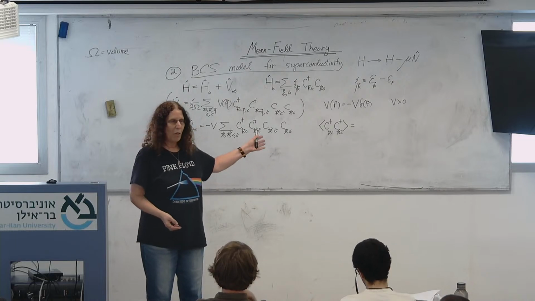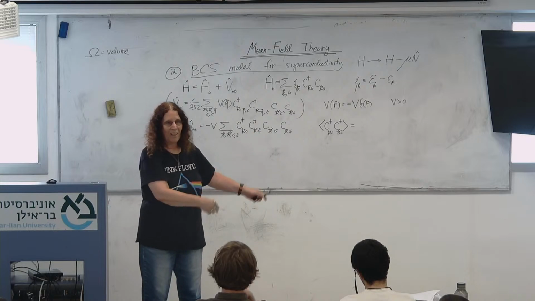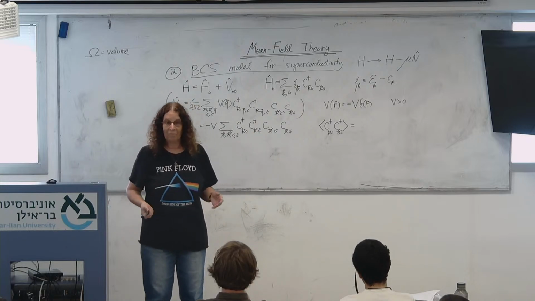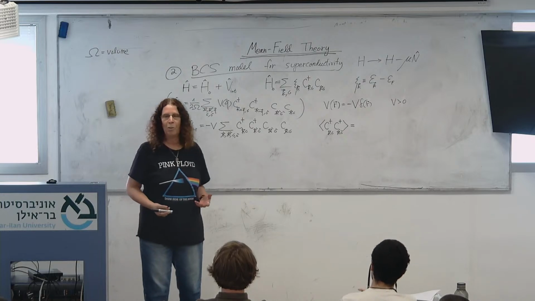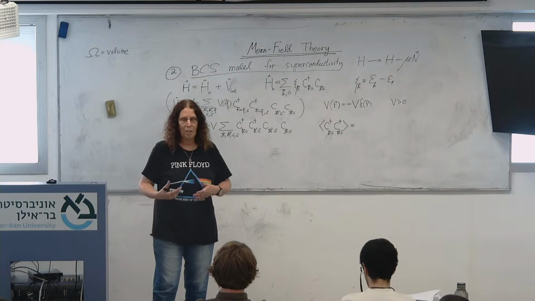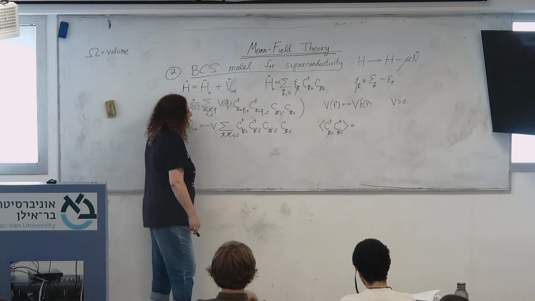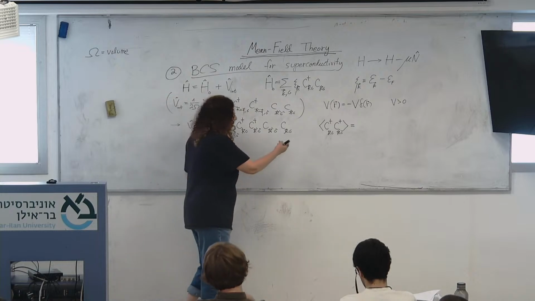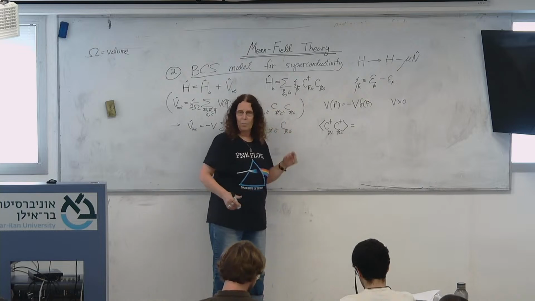Okay, so when BCS did this, they didn't start from the way I'm teaching you. They started from other things. They also started from experimental motivation, that there was some phenomenon that they wanted to explain. But it represents the idea behind how to use the mean field theory.